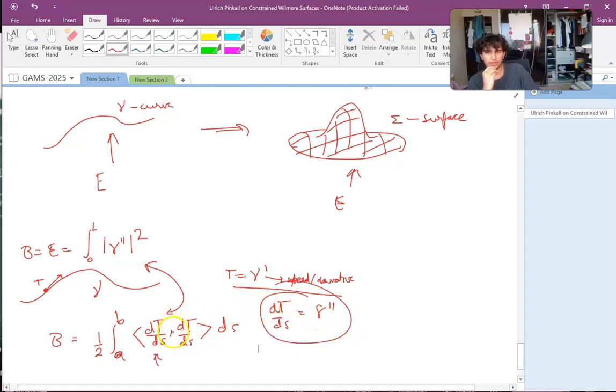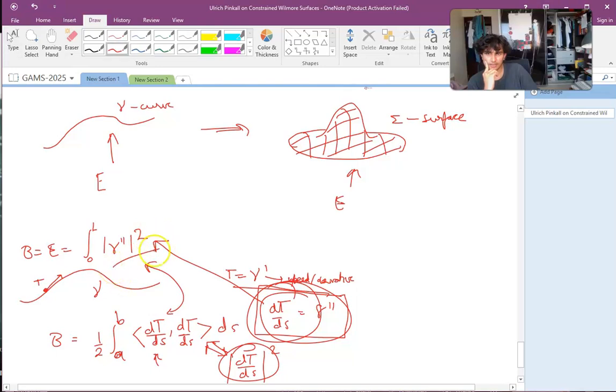And we're taking the inner product with itself. So that's sort of like dt by ds, the whole magnitude squared. So these two are equal to each other. And we know this. So putting this part and this part into here, that's how we get this.